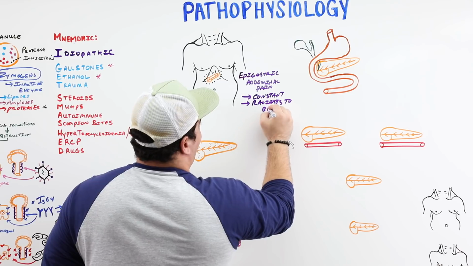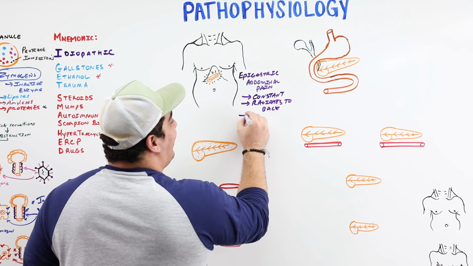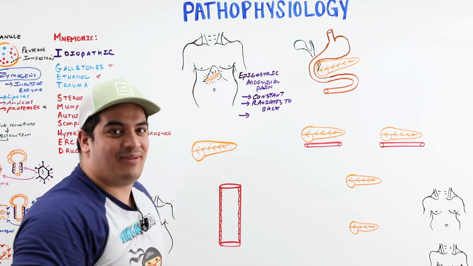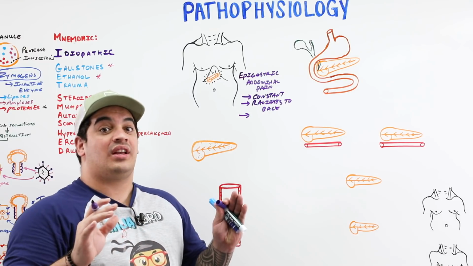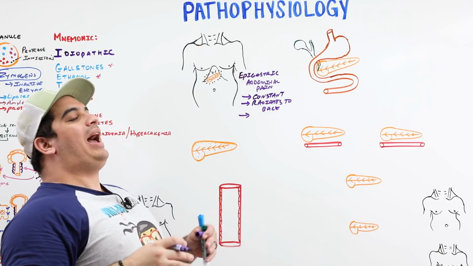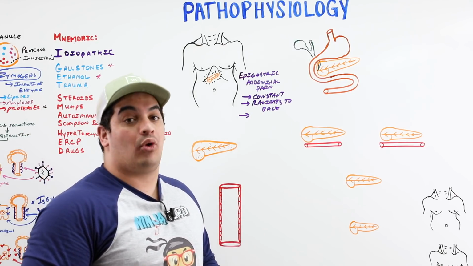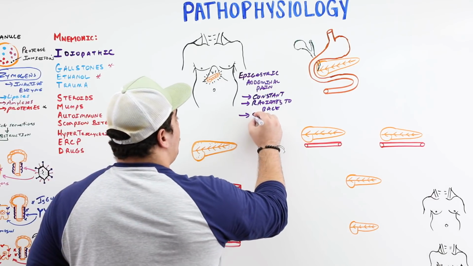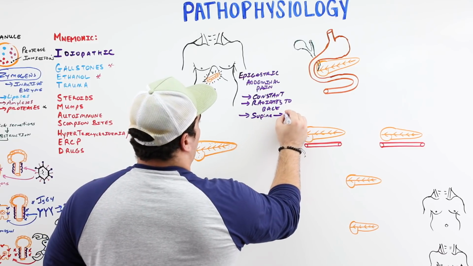That's another big thing. Here's the next thing that I need you guys to remember. The other important piece of information is that there are certain positions that make it worse and certain positions that make it better. When you're laying on your back, you tend to stretch that area and cause a lot more pain. So when you're laying supine, laying down on your back, it's actually much worse.